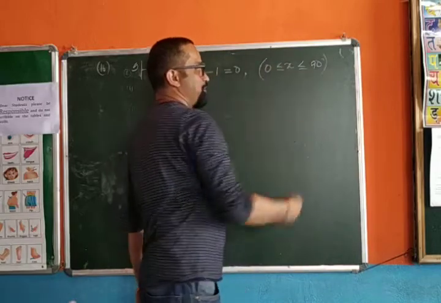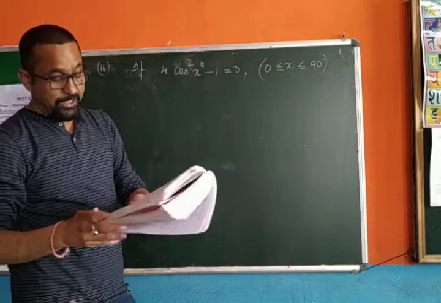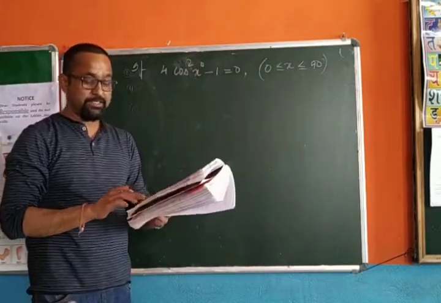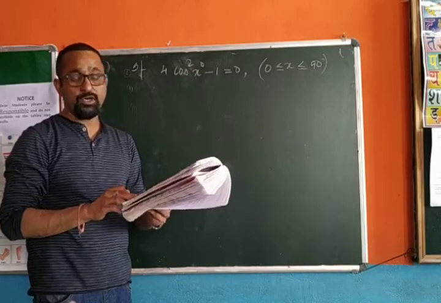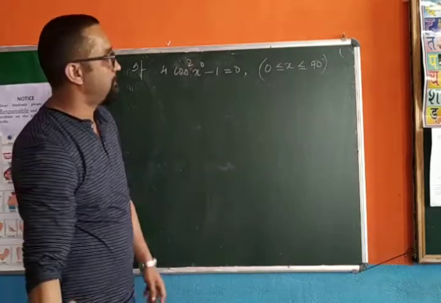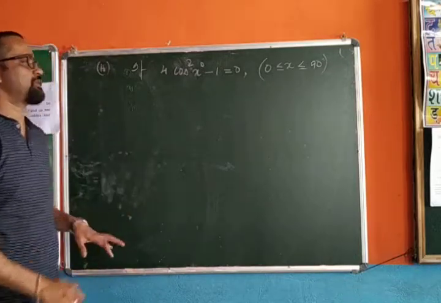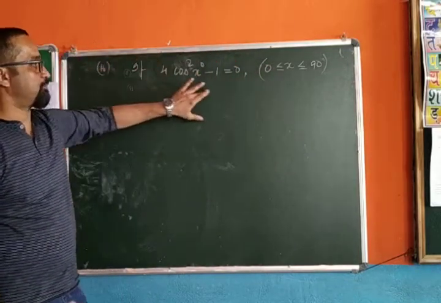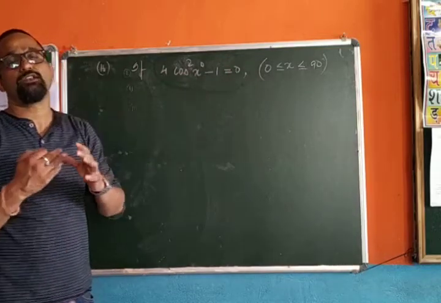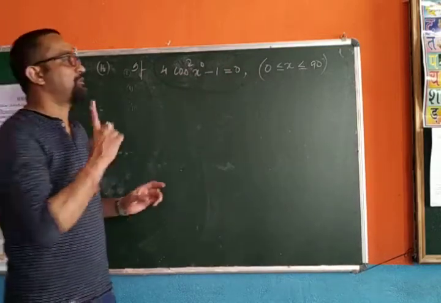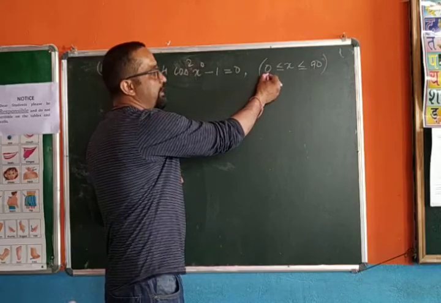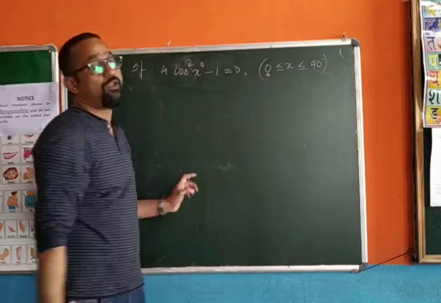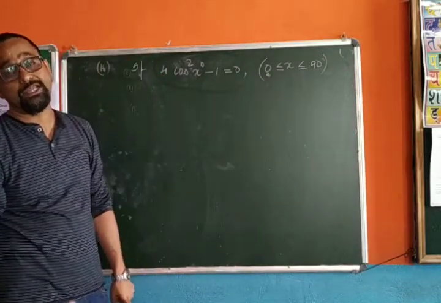This is the condition. Then the question says to find sin square x, cos square x minus sin square x. So what does this mean? It means that when you take this given term and calculate the angle x, that angle must be greater than or equal to 0 and less than or equal to 90.